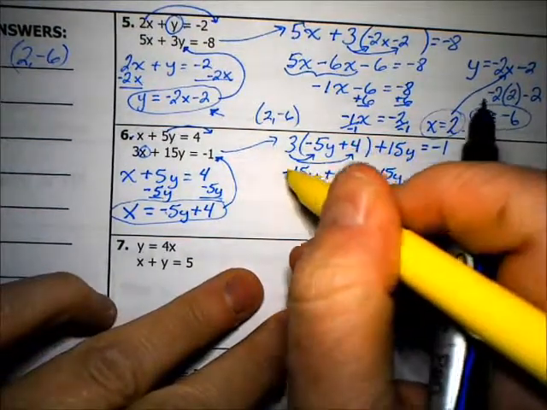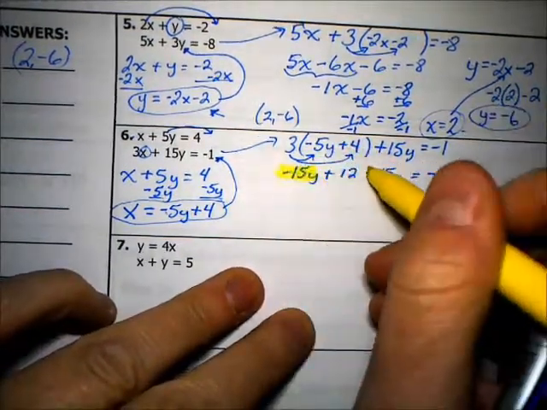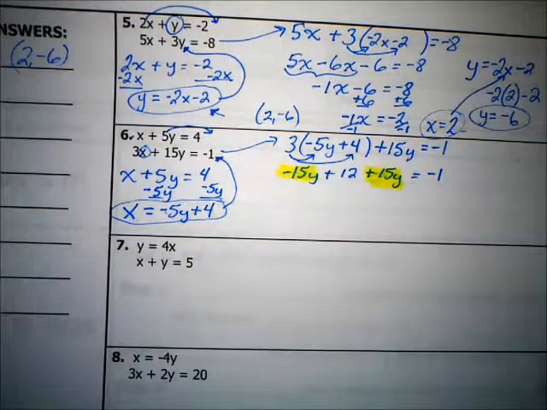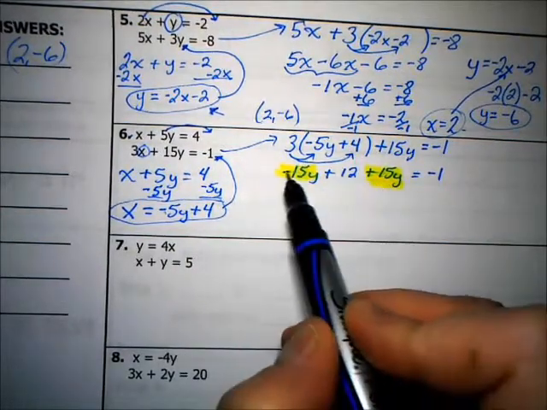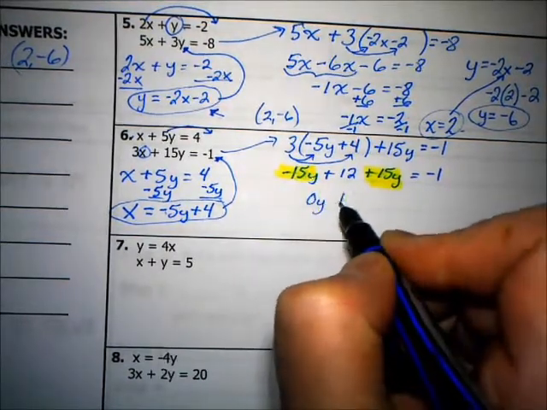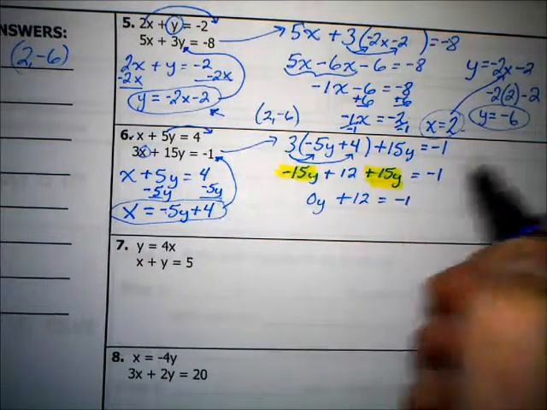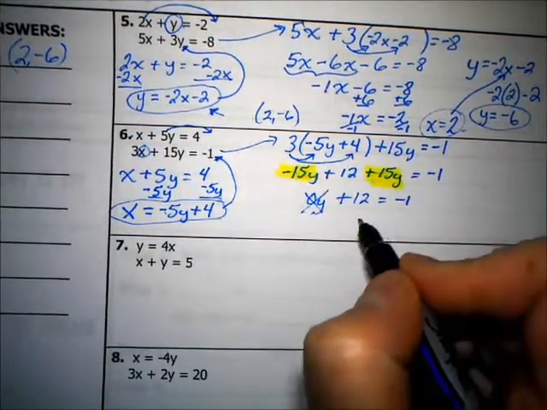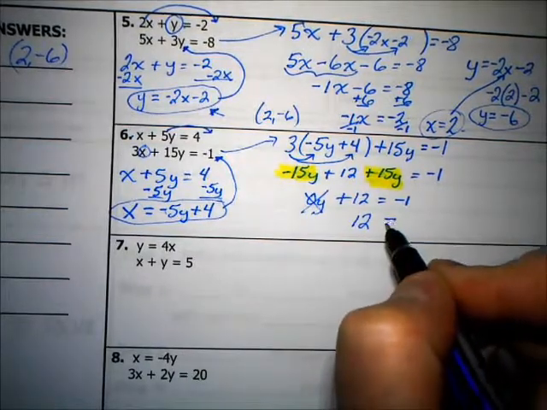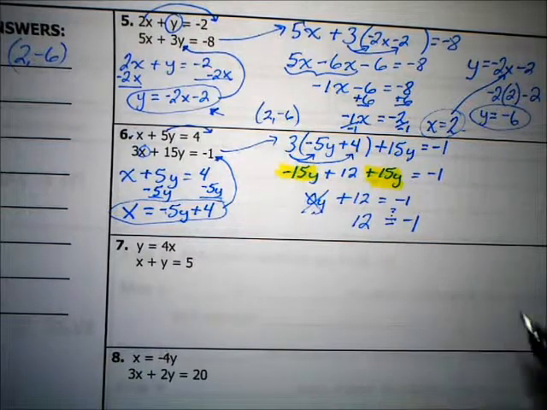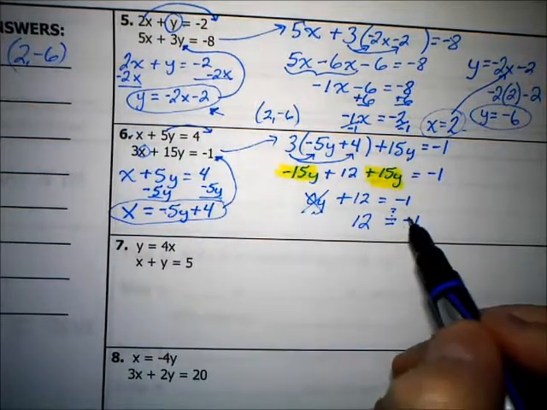Here my y's are separated by a constant, and if I combine my y's, negative 15 plus 15 is 0. So when I get a 0 value, that means that cancels out, and I'm left with this question: is 12 equal to negative 1?